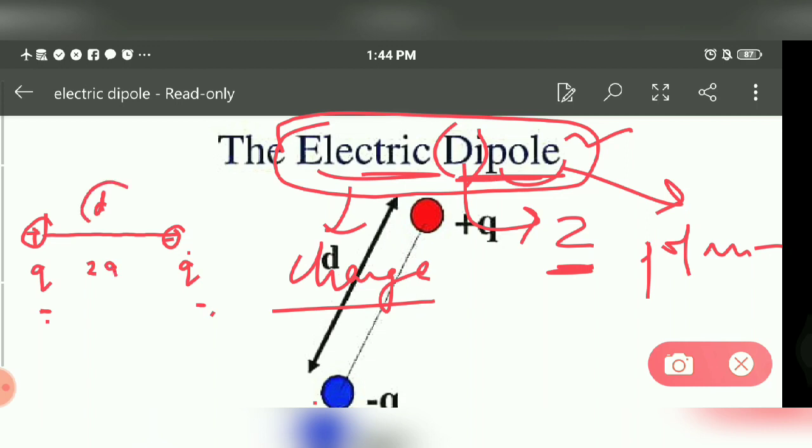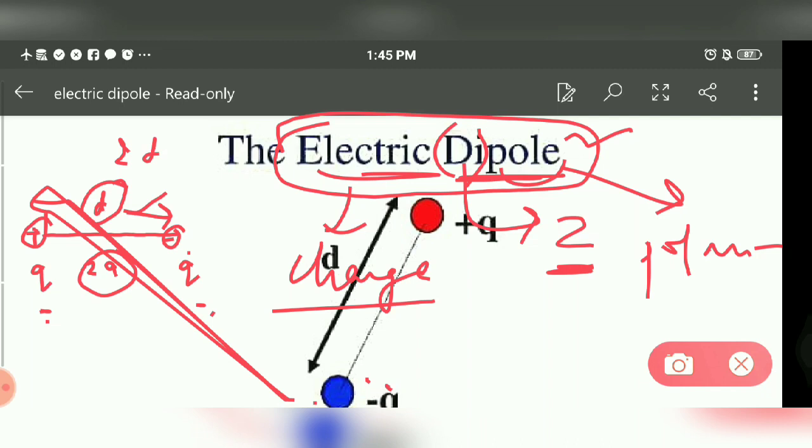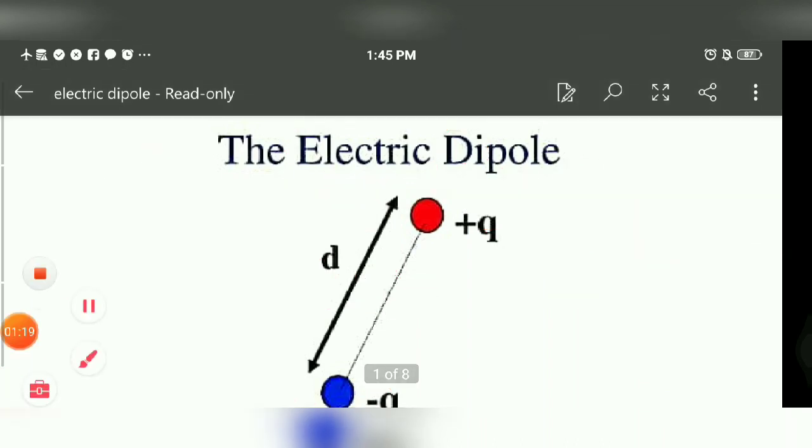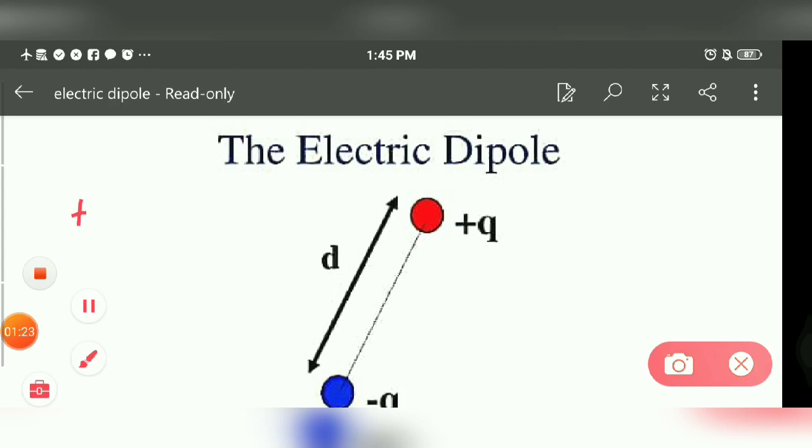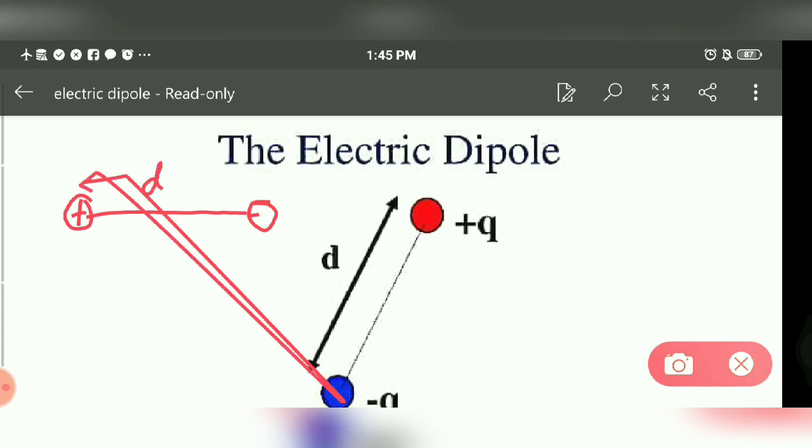In some books it's taken as d, in some as 2a, or in some as 2d. There is not much difference, so it depends upon you what you are going to take, and in further expressions you have to go with that. Now, if the distance between them is d or 2a, then it constitutes an electric dipole. So an electric dipole consists of a positive charge and a negative charge separated by a distance d or 2d between them.